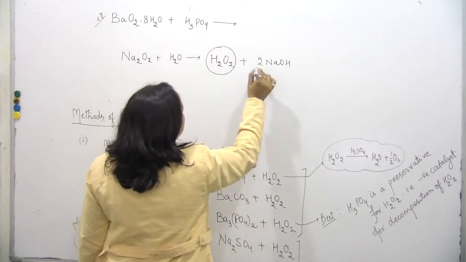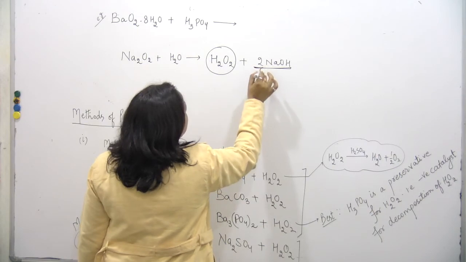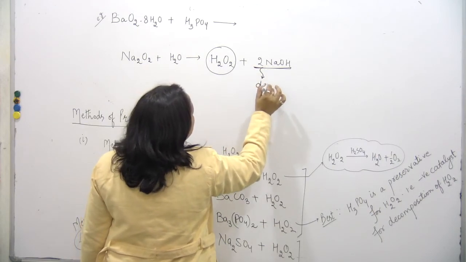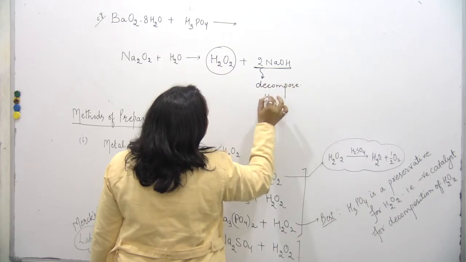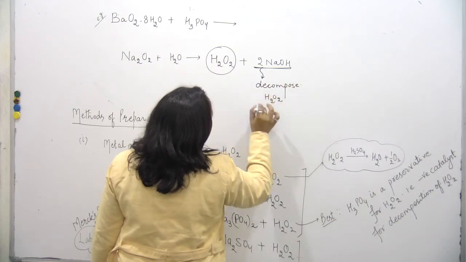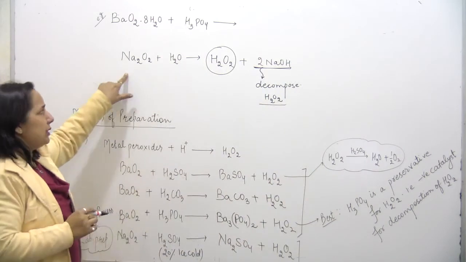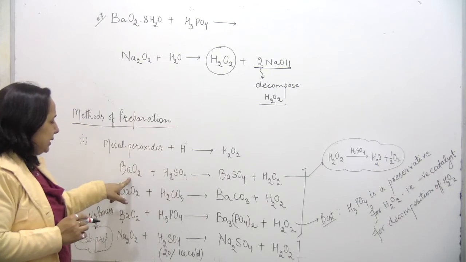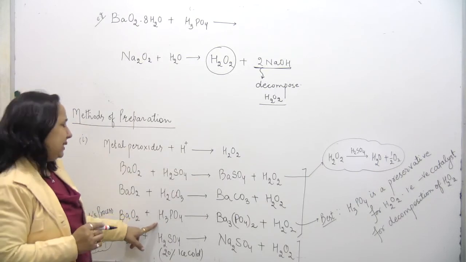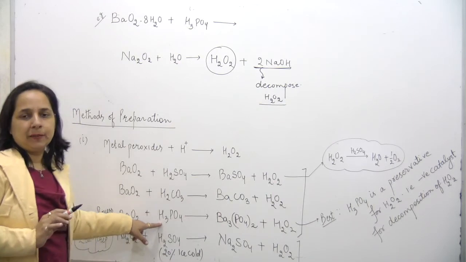This reaction is not a good reaction to be used because sodium hydroxide decomposes hydrogen peroxide very fast. It decomposes H2O2 at a very fast rate. It means we can't use water with sodium peroxide. We can't use sulfuric acid with barium peroxide. The best acid is phosphoric acid. Carbonic acid is okay, but phosphoric acid is best.